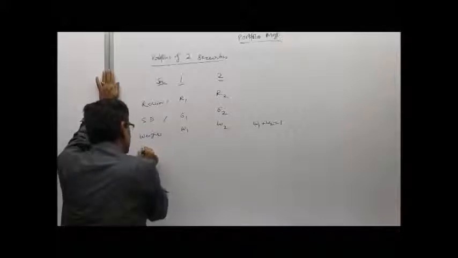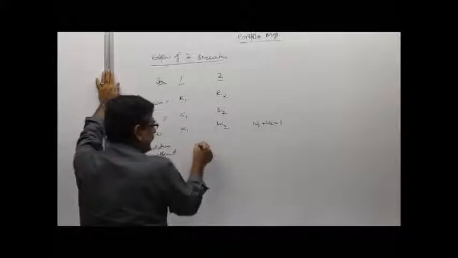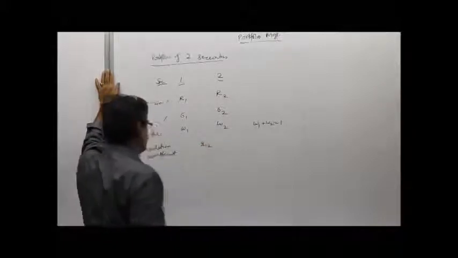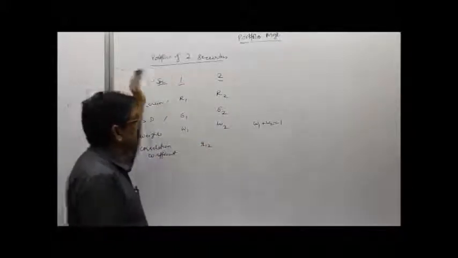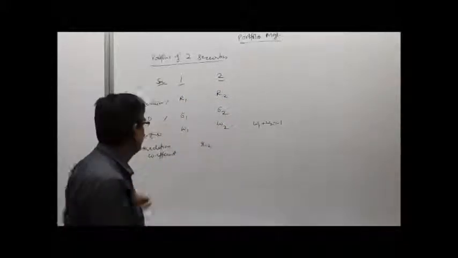So first we are through with return, standard deviation, and weights. Then we say the correlation coefficient between the returns of the 2 securities 1 and 2 together is R12.